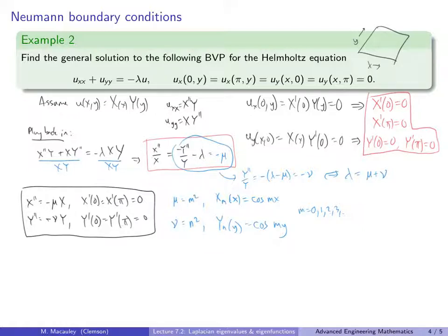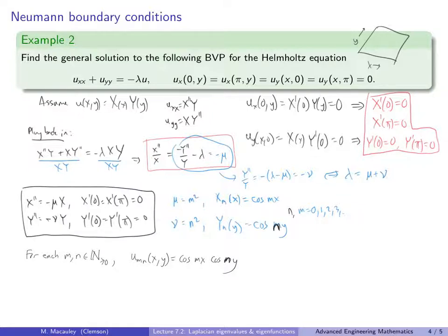Because if m or n is 0, then we just get a constant function, and that need not be 0. So as before, for each pair m and n that are natural numbers, and I'm going to include 0 here, we have a solution umn of x and y, which is cosine of mx times cosine of ny.